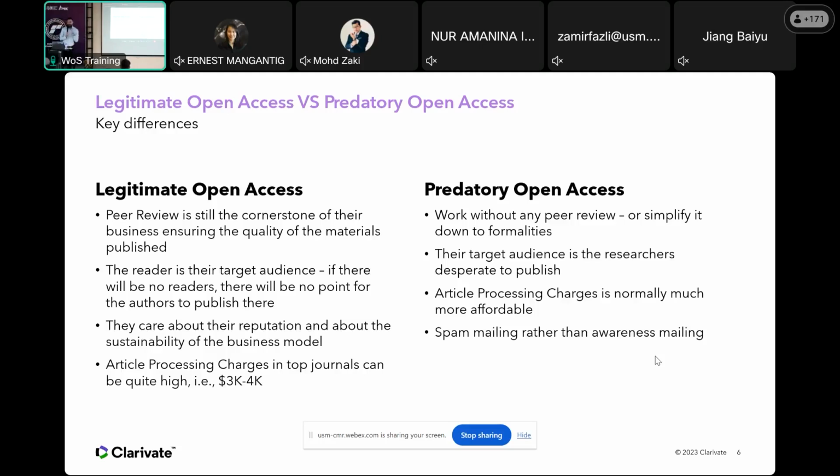So yeah, they have one benefit, to be frank, compared with the legitimate open access publishers, which is that their article processing charges are quite a bit lower. So if you work with a specific open access publisher and all of a sudden you find that their charges are affordable, that's the first thing that you have to think about. Normally the business model sometimes works like this.